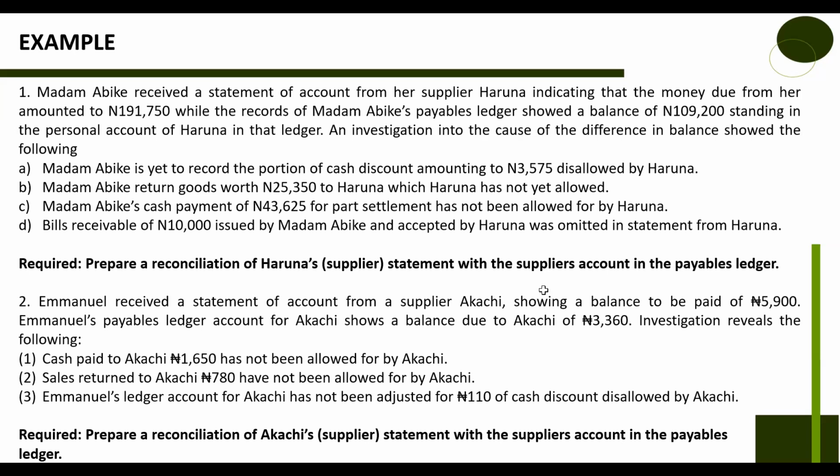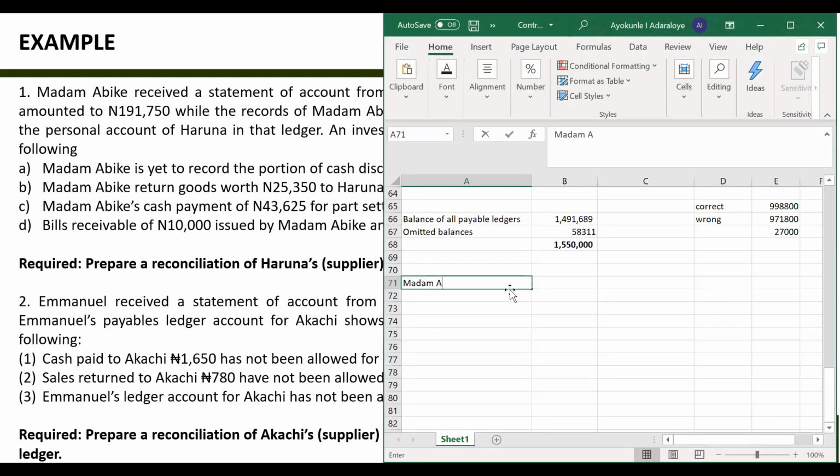This is for Madam Abike. I hope you are writing and noting all this in your notes. We'll do the one for the supplier statement, and we'll do it for the ledger also.